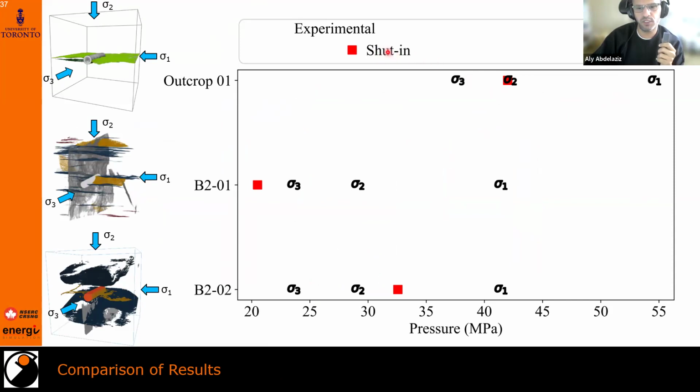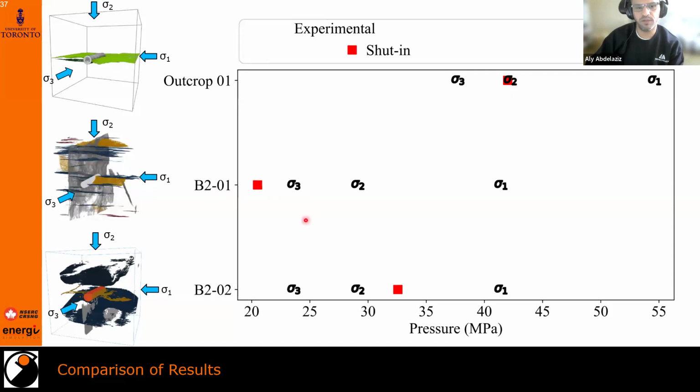Now, the shut-in pressure is an indication of the fracture reopening pressure. In this case, it's almost equivalent to sigma 2. So we know that we have one single fracture that is opening against sigma 2. However, in these two cubes, they are all over the place.